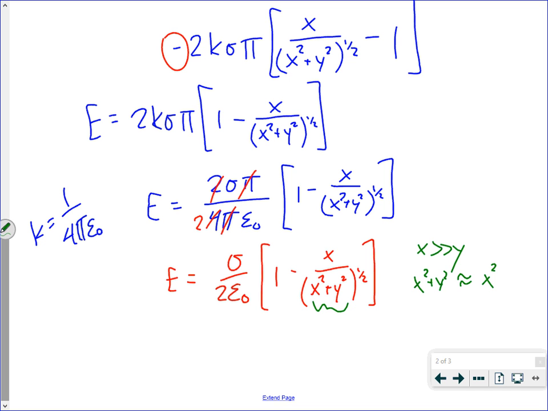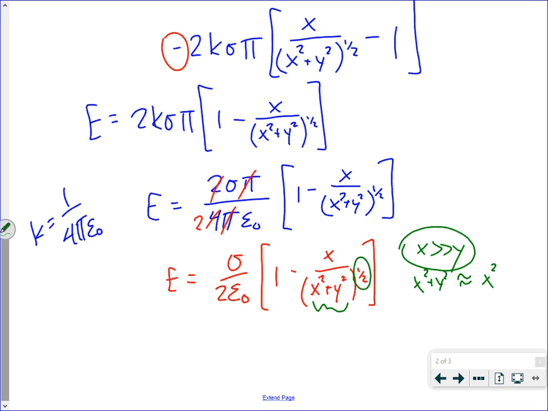And then we have x squared to the 1/2, so we get 1 minus x over x. We get 1 minus 1. We get 0, and when we're really, really big x, the field should be approximately 0.